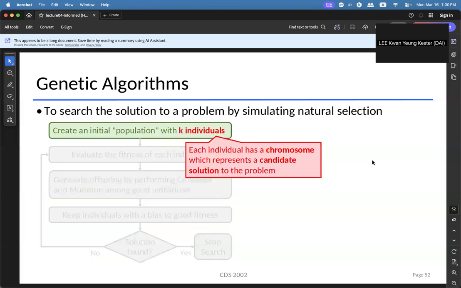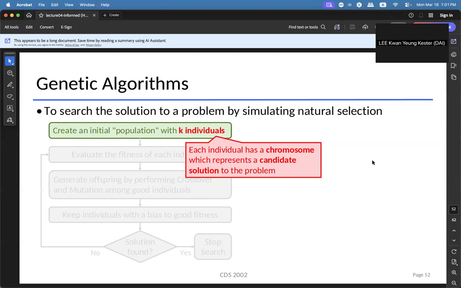This is how nature works. The organisms, in order to survive in the habitat, will do crossover breeding to generate a lot of new organisms. The organisms that survive the environment will be able to reproduce.